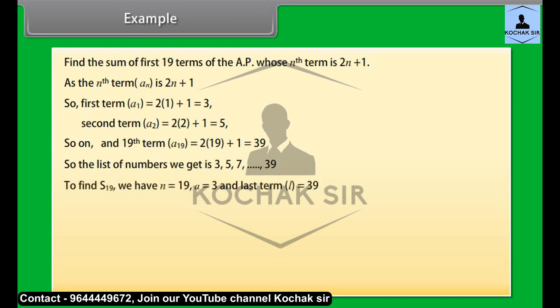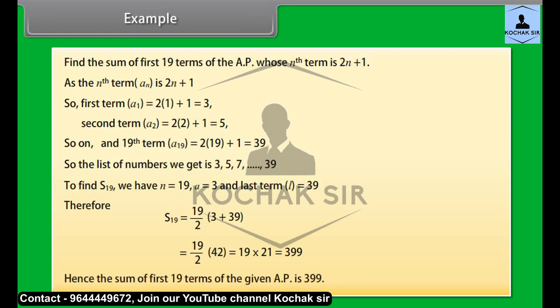Now to find S19, we have n as 19, a as 3, and L as 39. Therefore, S19 is equal to 19 upon 2 into (3 plus 39). This is equal to 19 upon 2 into 42, which equals 19 into 21, which is equal to 399.